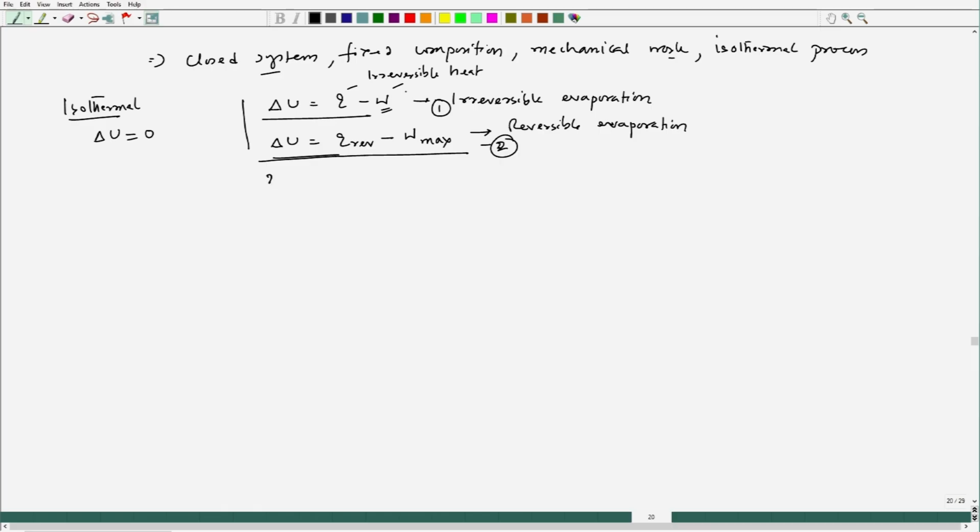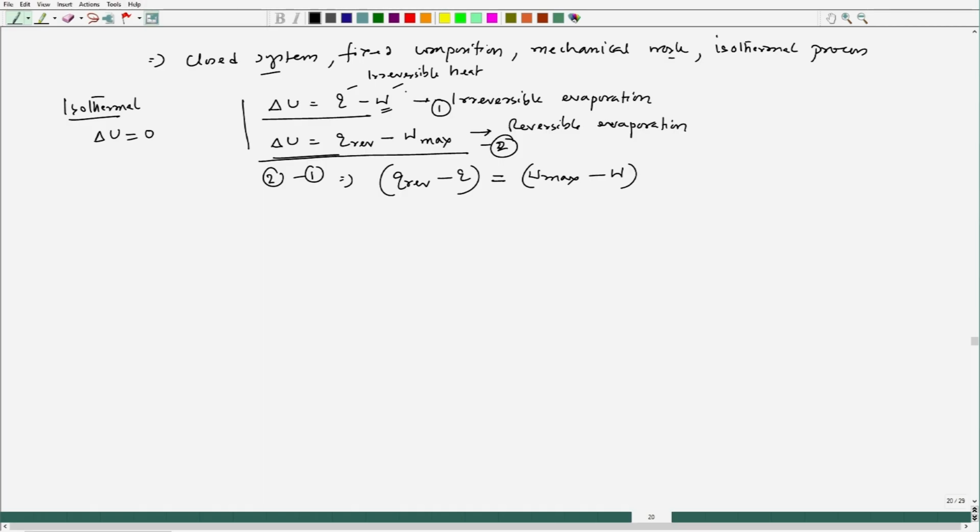So, 2 minus 1, I can write Q reversible minus Q irreversible equal to W max minus W. This is an interesting equation. So, let us understand this equation.